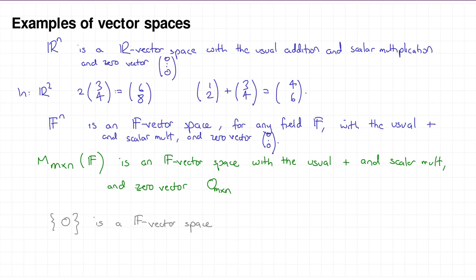When it's given the only possible addition it can have, which is that 0 plus 0 equals 0, and the only possible scalar multiplication it can have, which is that when you multiply the 0 vector by a scalar, you just get that 0 vector again.